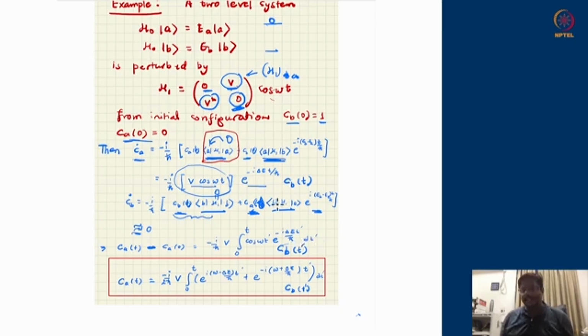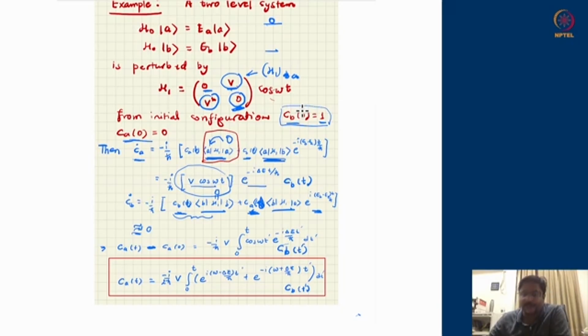So this integration I will do. You look for the fact that if I am doing an exercise for t very close to 0, all the Cb of t primes can be put to approximately value 1, because Cb starts with value 1 and it will remain at value 1 up to somewhat smallish time. Just after 0 time, it should not drop down to something very different from 1.